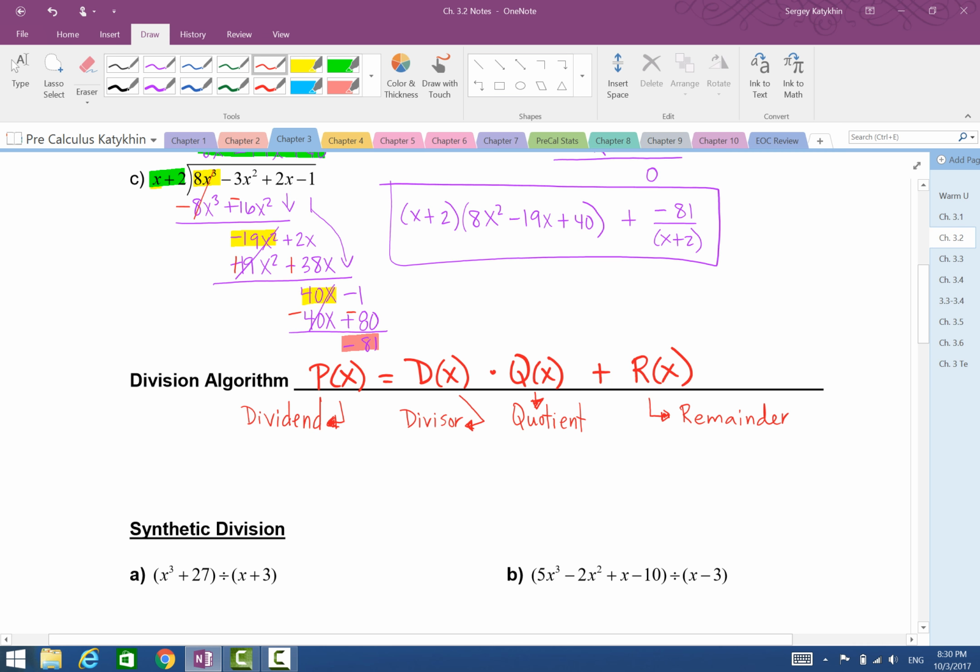So this is the division algorithm. It consists of a dividend, and that dividend is our divisor, as you can see here, our quotient, as you can see there, and our remainder, as you can see there. So that's how we would visualize those three things that I just wrote down.